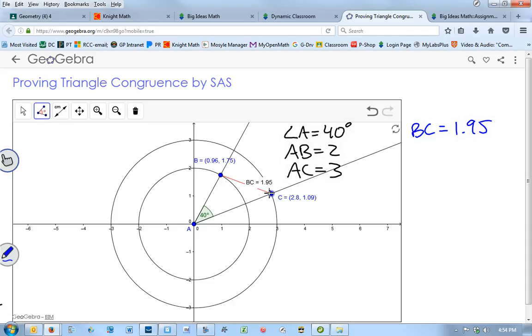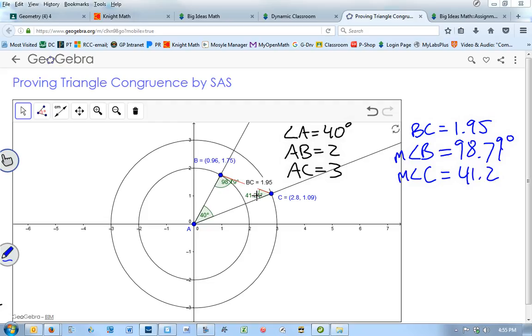We want to measure this angle right here, and the measure of angle B is 98.79 degrees. Then this angle right here, angle C, is 41.21 degrees.